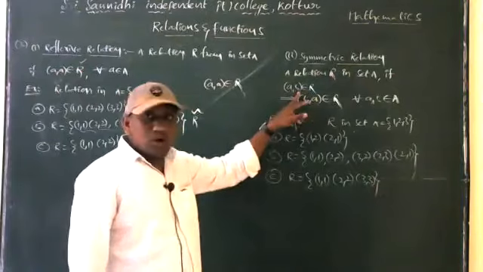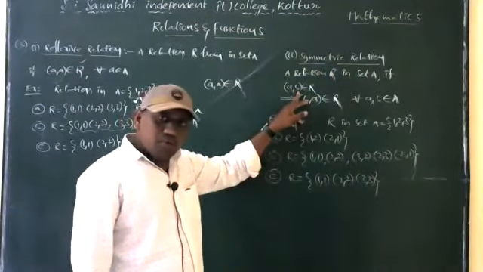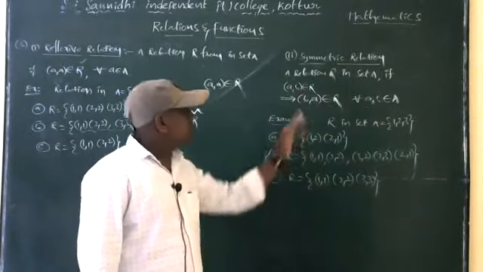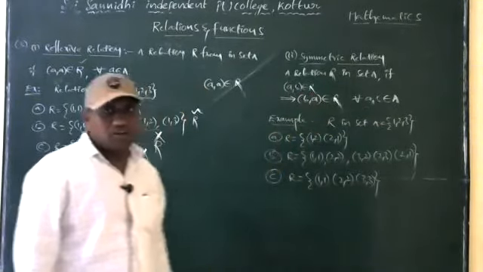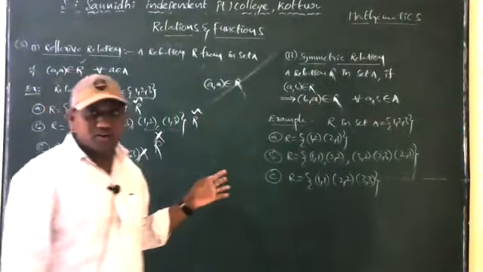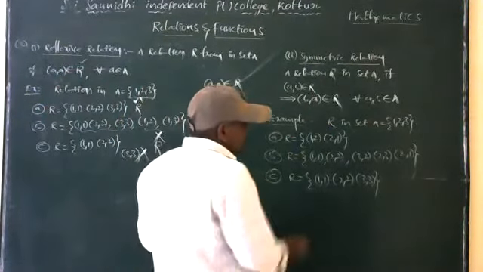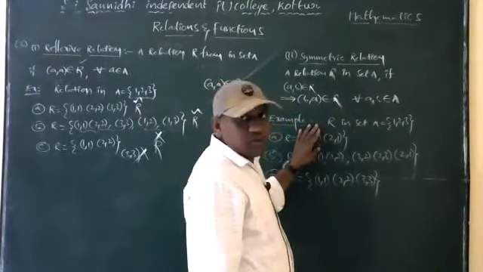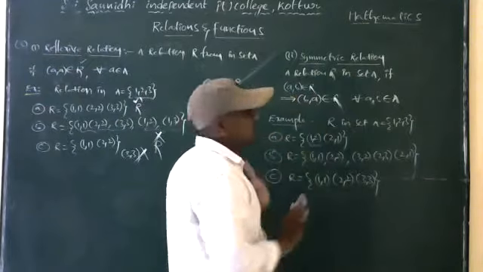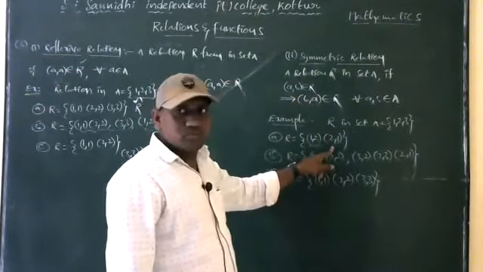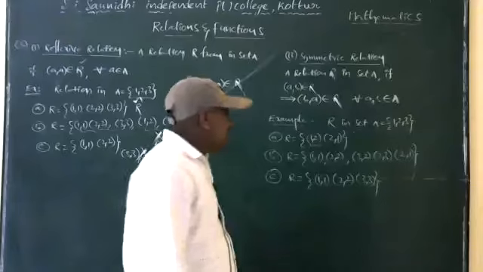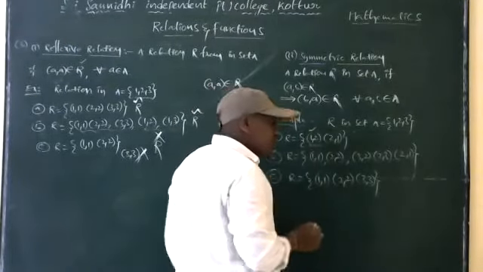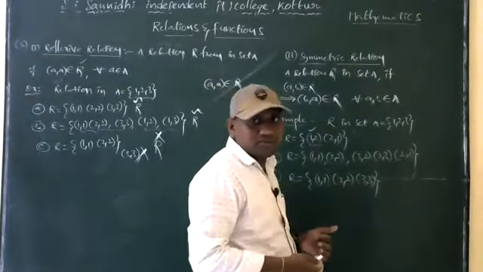A comma B belongs to R. You should take any one ordered pair belonging to the relation. Then we have to check its ulta ordered pair: B comma A belongs to the relation or not. Right? So here, for example, 1 comma 2 is in the relation. Then 2 comma 1 should also exist. We must check all ordered pairs, not only 1 comma 2.